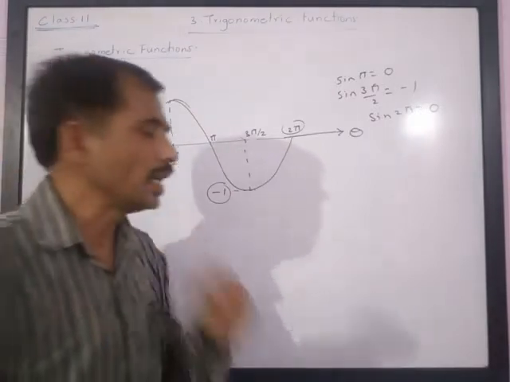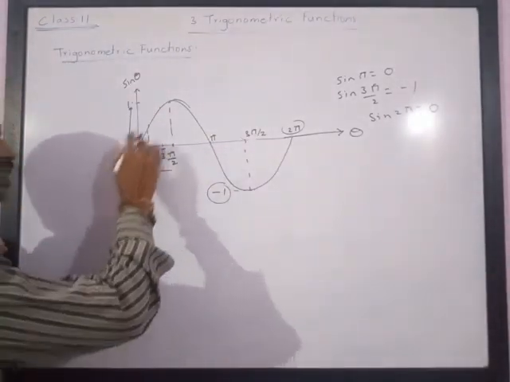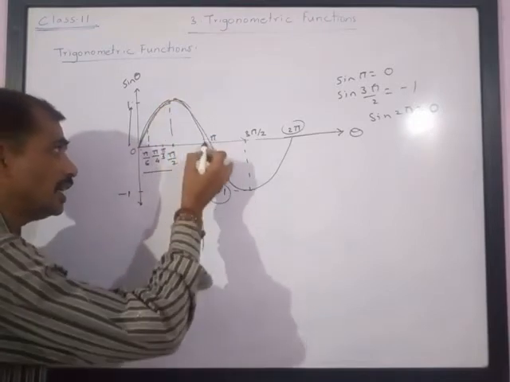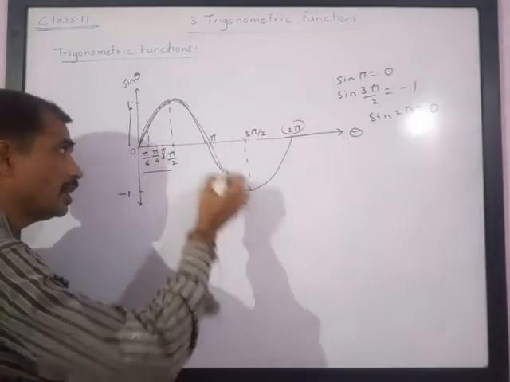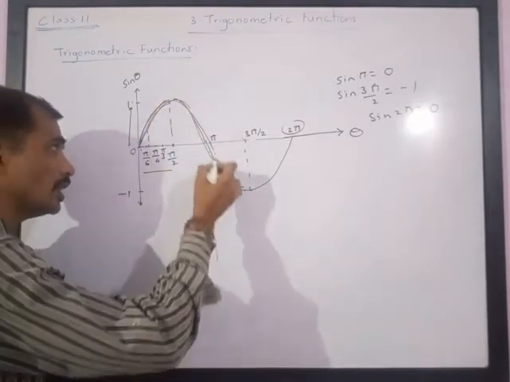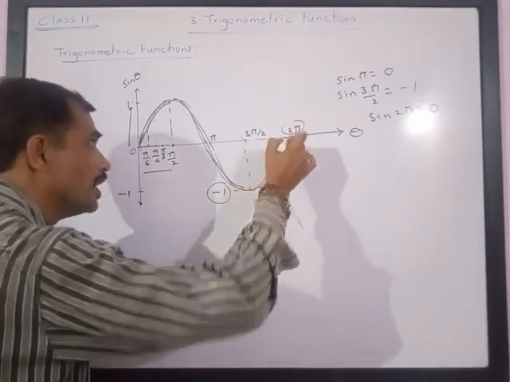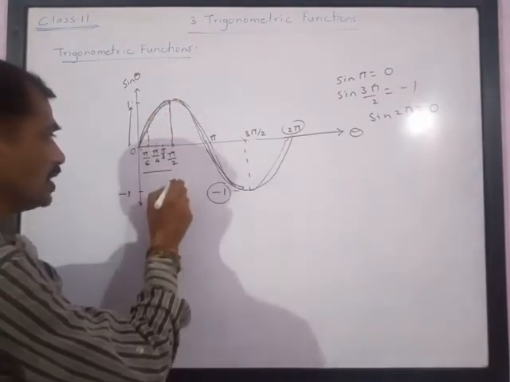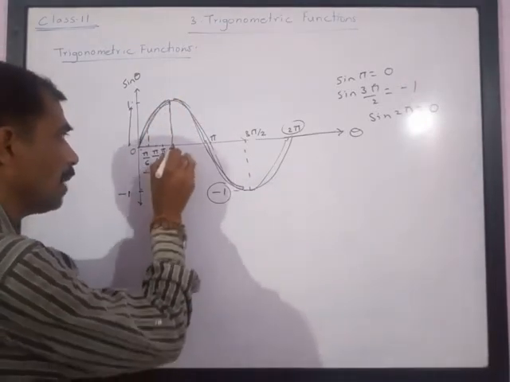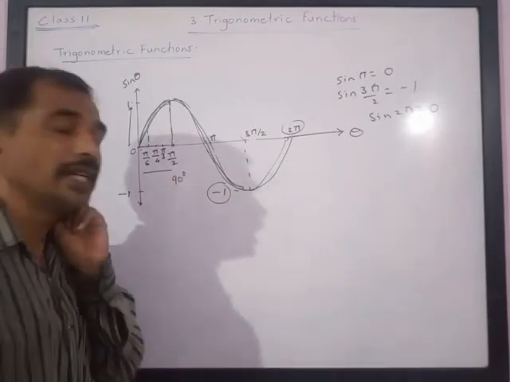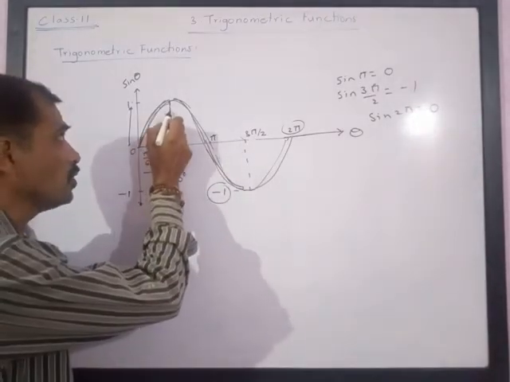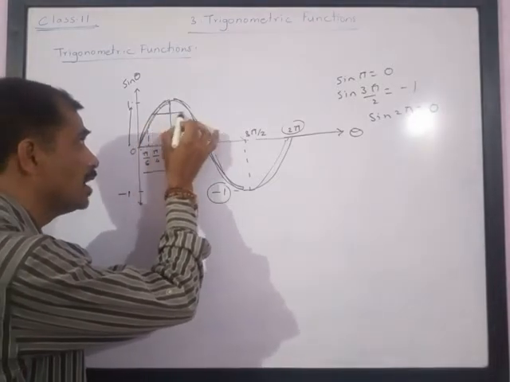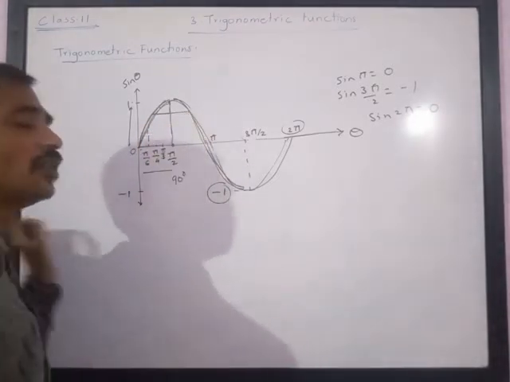But please note here, look at the graph. This is exactly symmetric. As it increases, in the same way it decreases. If you see the curves, they are exactly symmetrical. It means if this is pi by 2, or 90 degrees, pi by 2 radians is equal to 90 degrees. Please note. If you subtract 90 minus 30 degrees, we get 60 degrees, and if you add 90 plus 30, you get 120 degrees.